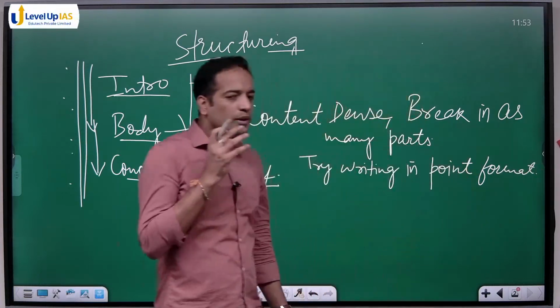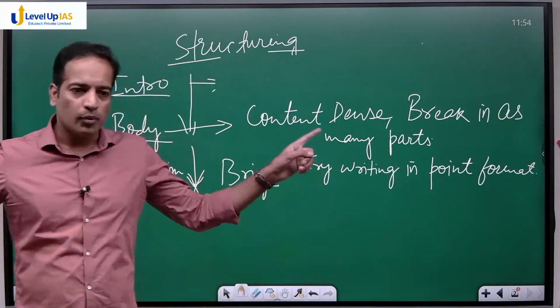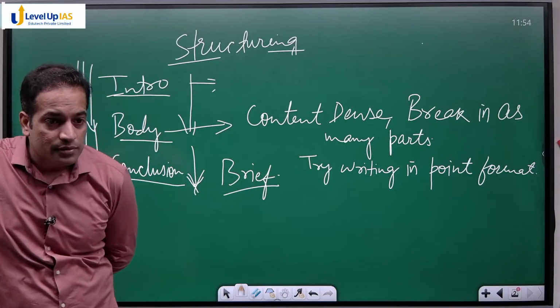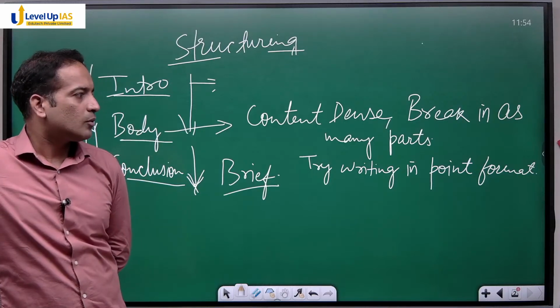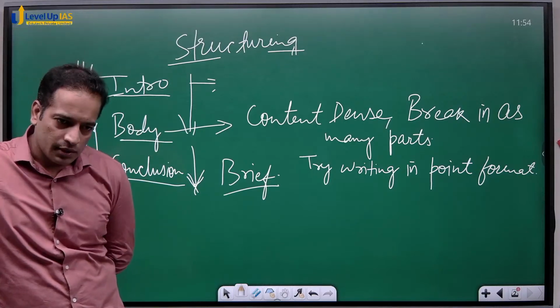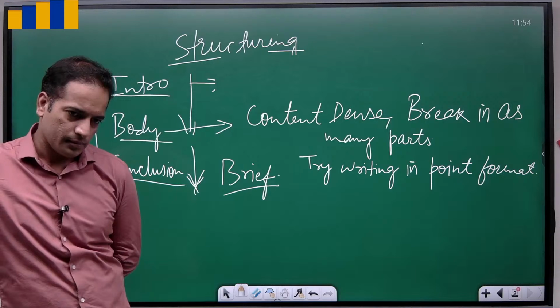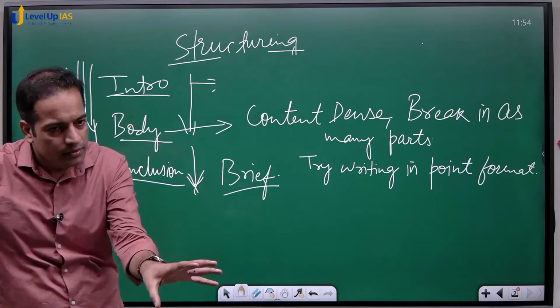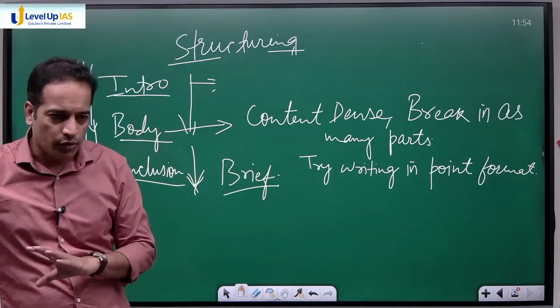If you know the question, try to write it in point format. But generally what happens is that you do not know the question. Generally it happens with questions on culture and questions on world history. So when you do not know the specifics, then you can go for paragraph format.